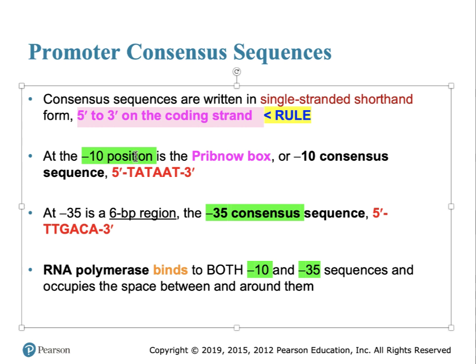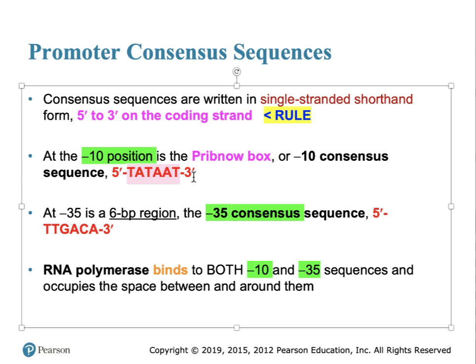So at the -10 position on a gene, there's a region that appears to be present in many genes, called the Pribnow box, after the scientist who discovered it. But sometimes you just find it as the -10 sequence. And the most common iteration of that sequence is T-A-T-A-A-T.